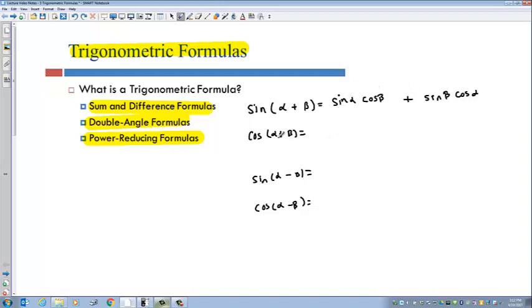Now for the cosine, you have the opposite sign, but something is the same, and so that comes with the cosine of alpha, the cosine of beta. And then the second term is the sine of alpha and the sine of beta.